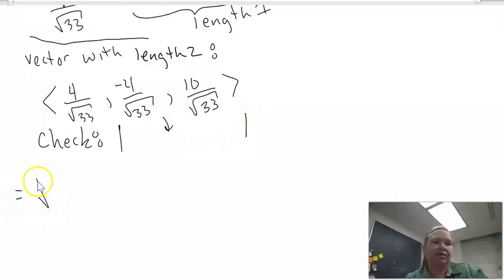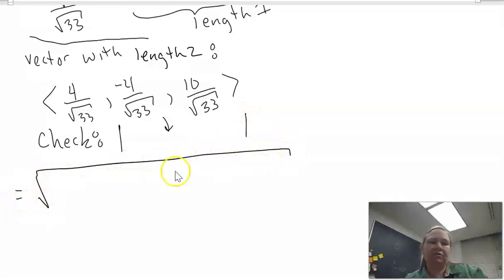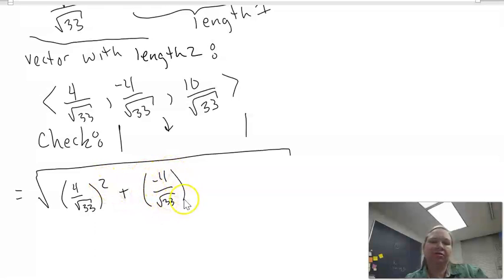So that means I need to take the square root of 4 over square root of 33 squared, plus -4 over square root of 33 squared, plus 10 over square root of 33 squared.